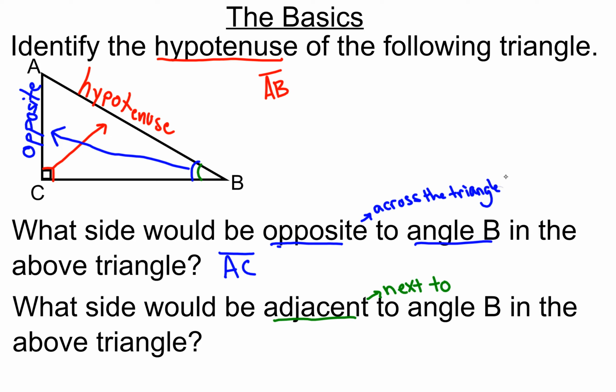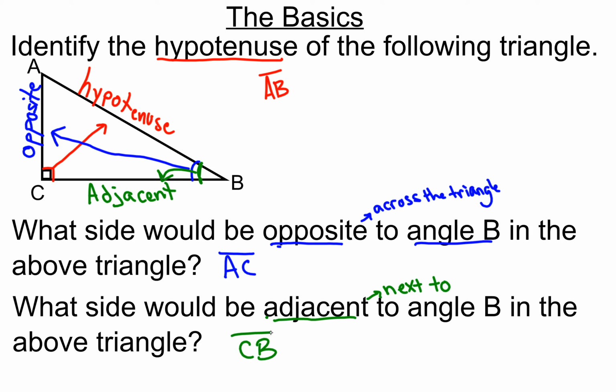Okay, so adjacent, back to this one. Adjacent means next to. So what we're going to look at is what side is next to this angle B up here. Now, this side I agree is next to, but that side's the hypotenuse, so we can't use it. So the only side left is going to be that side. So this side is going to be our adjacent side. So that means that CB is the adjacent side.